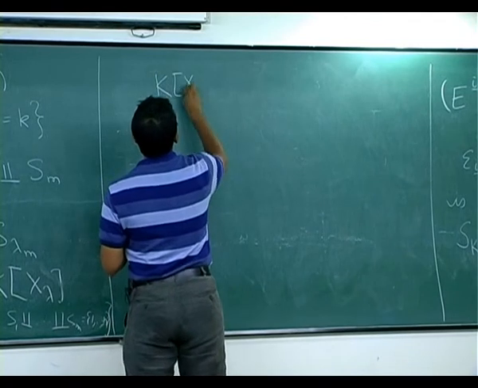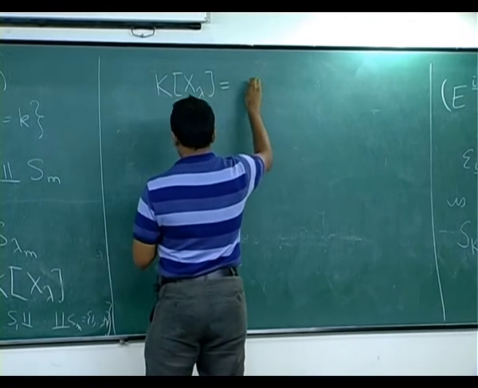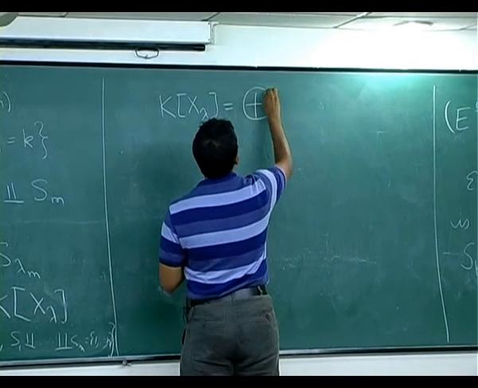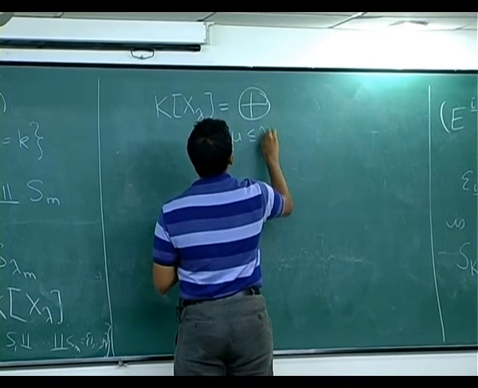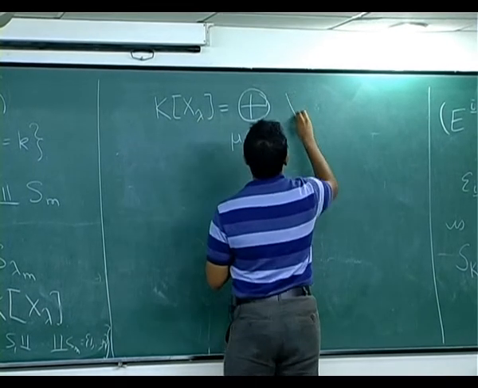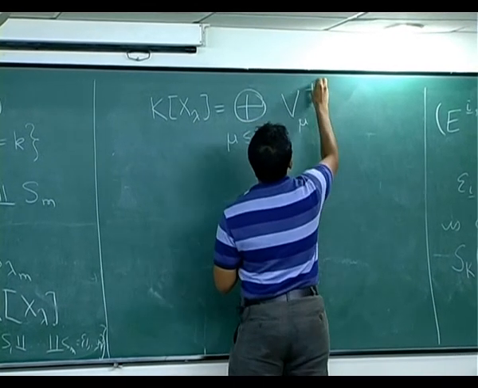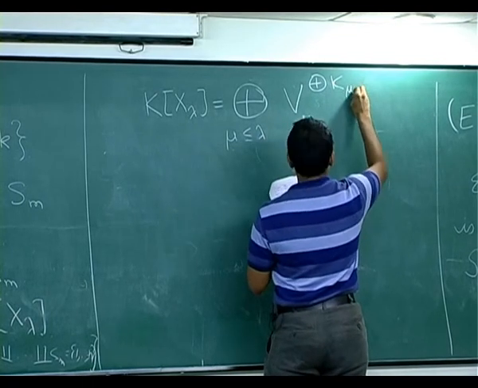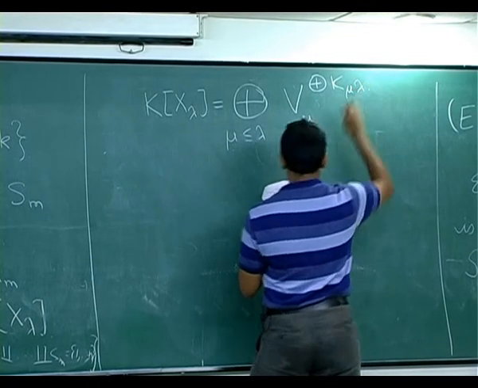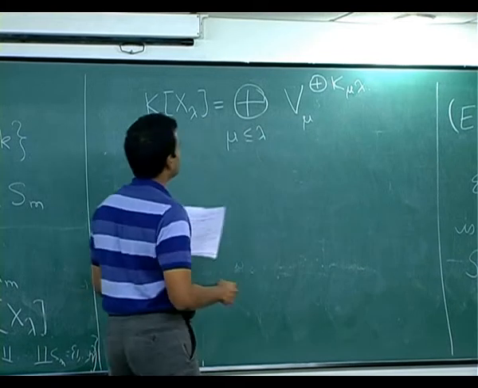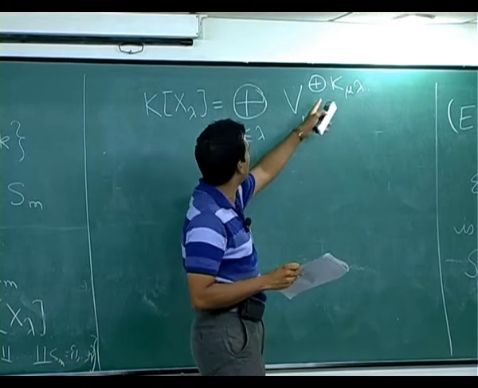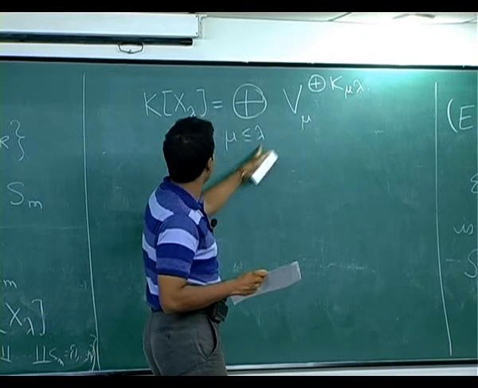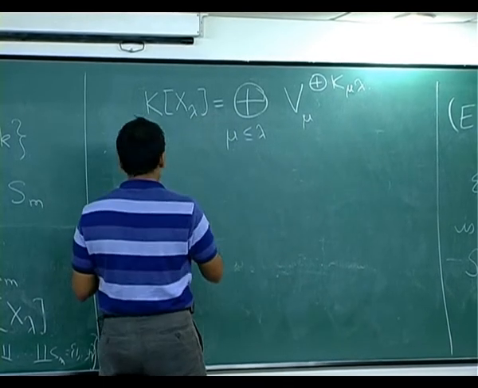k X_lambda is equal to the direct sum over mu less than or equal to lambda of V_mu, and its multiplicity is a Kostka number K_mu,lambda. I will not go into what this K_mu,lambda is, suffice to say that it is positive, but let me just remind you what mu less than or equal to lambda means.